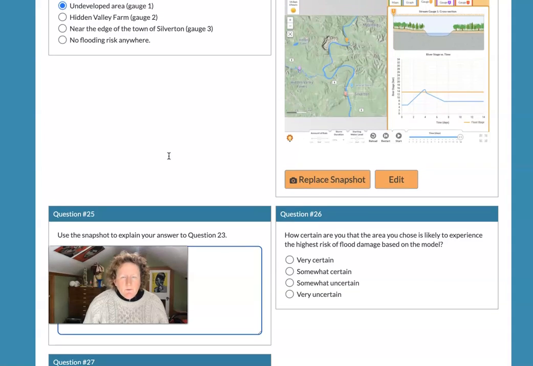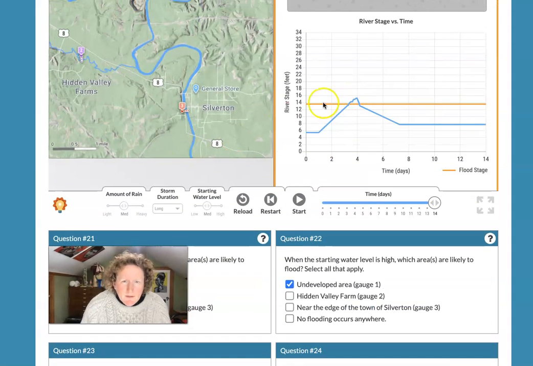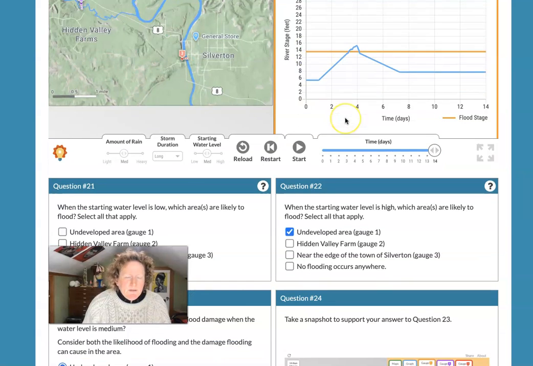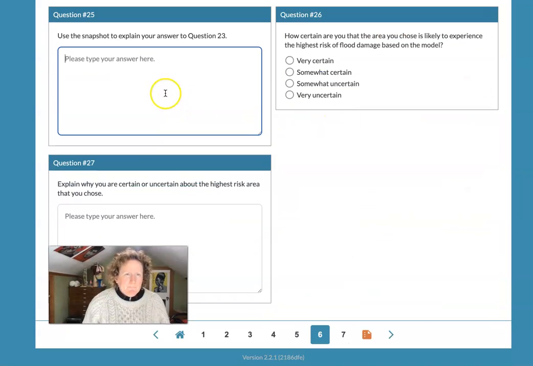Well, I know that the gauge, this gauge, the flood stage is 14 feet. The flood stage of the river at gauge 1 is 14 feet.